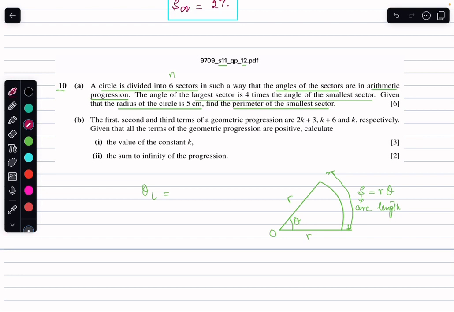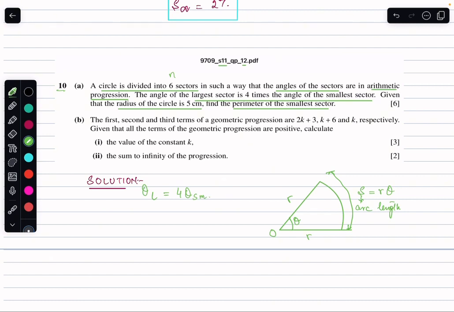If we start the solution, what I see here is that the data is about the angles of the sectors, which are in arithmetic progression, and they are also saying the angle of the largest sector is 4 times the angle of the smallest sector, meaning theta L, the angle of the largest sector, shall be equal to 4 times the angle of the smallest sector here.